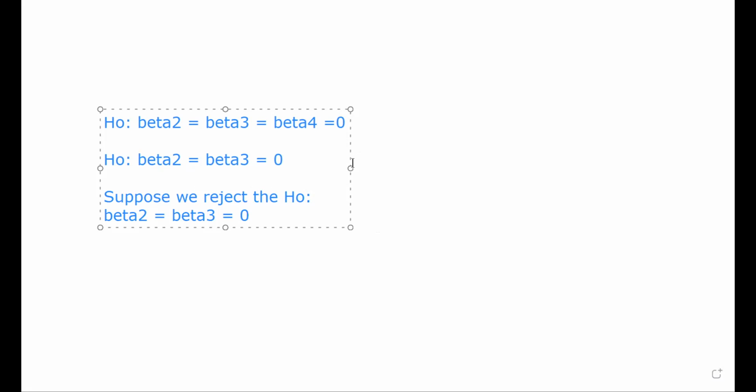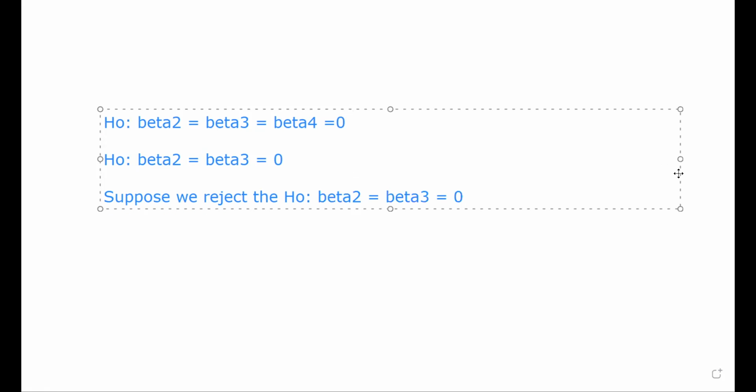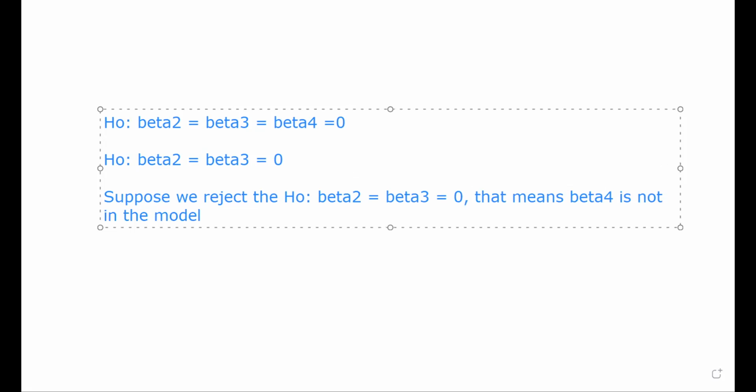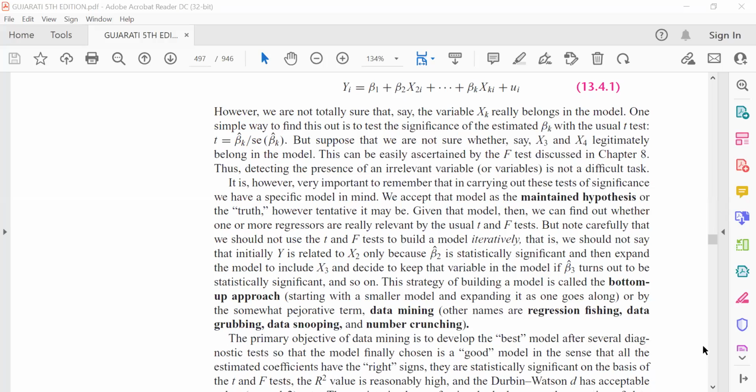This means beta 4 should not be in our model. This means the fourth variable is an irrelevant variable in our model. This is how to test this one.